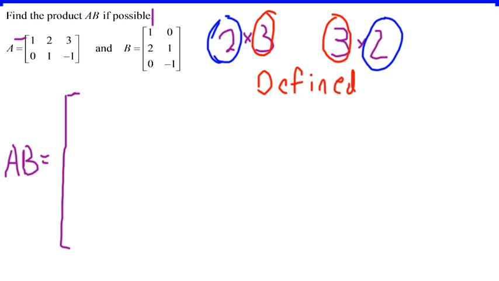We're going to take 1 times 1, plus 2 times 2, which is 4, plus 3 times 0, which would just be 0. Now we're going to take row 1 and multiply it by column 2. We take 1 times 0, which would be 0, plus 2 times 1, which would be 2, plus 3 times negative 1, which would give us negative 3.